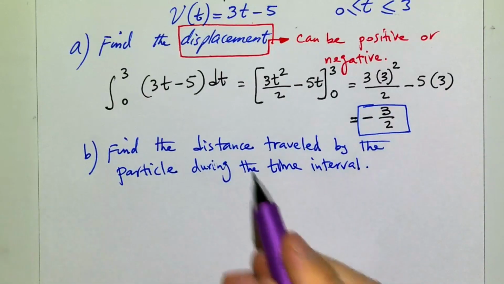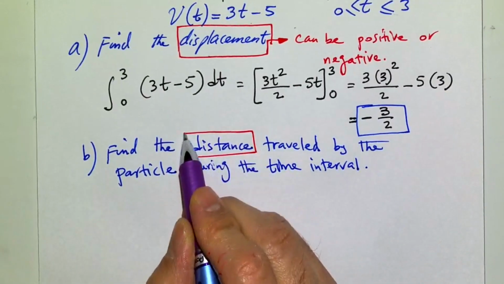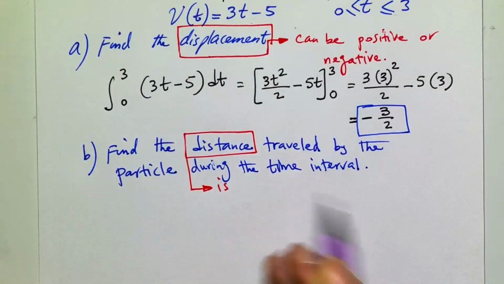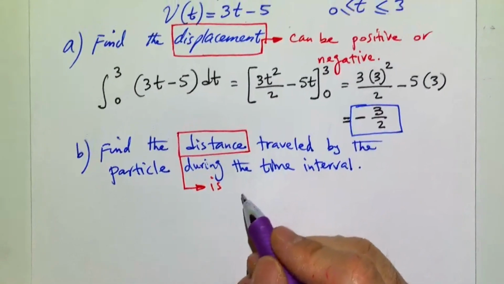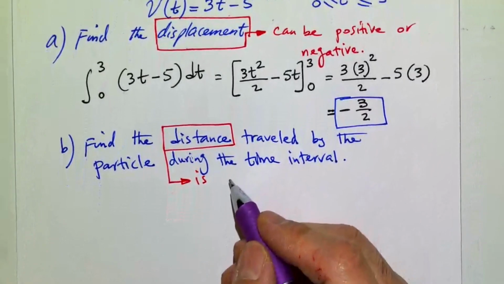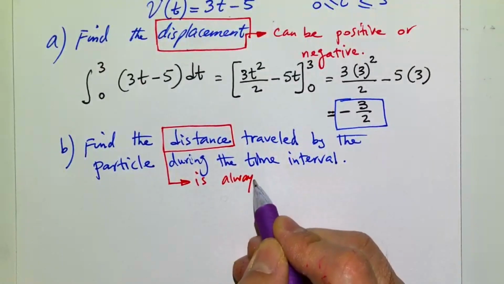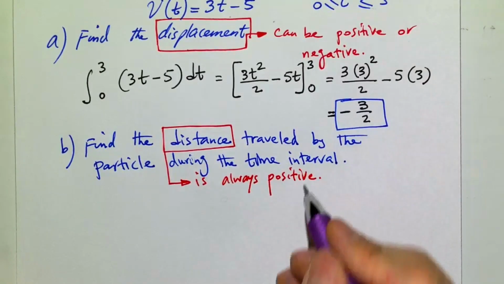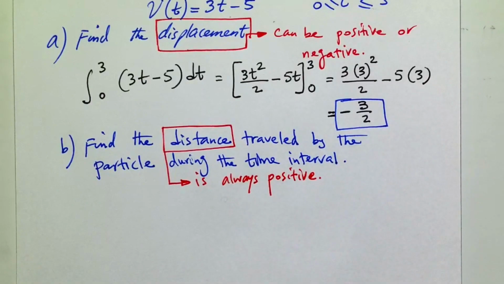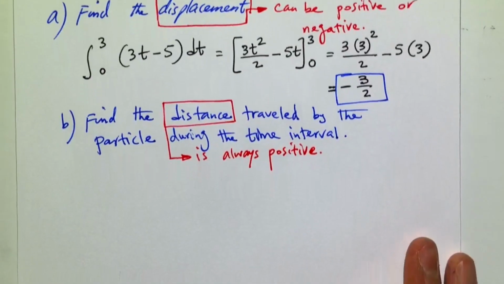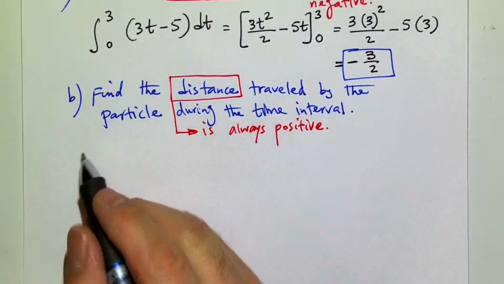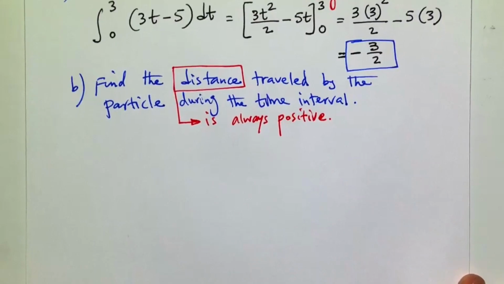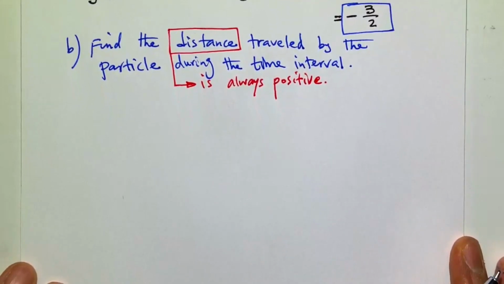Okay, so distance is always positive. So let's then calculate the, and I'll try to fit this on one page, so please bear with me if this piece gets a little bit crowded here on this page.